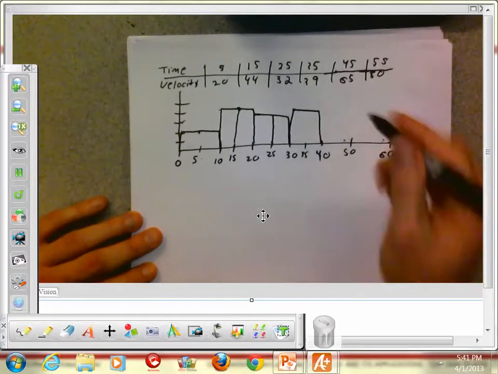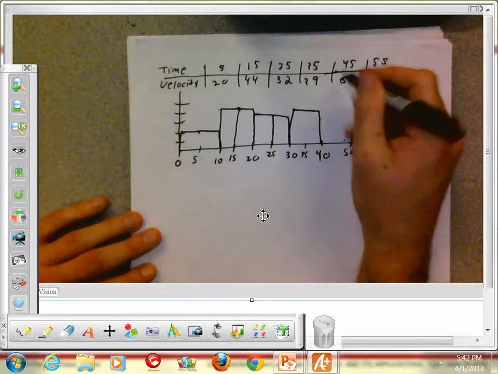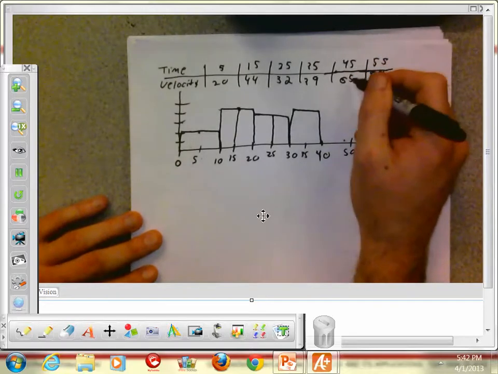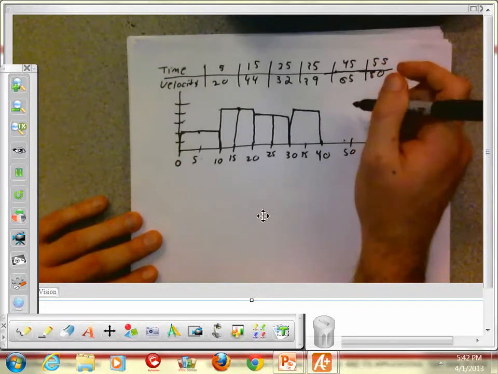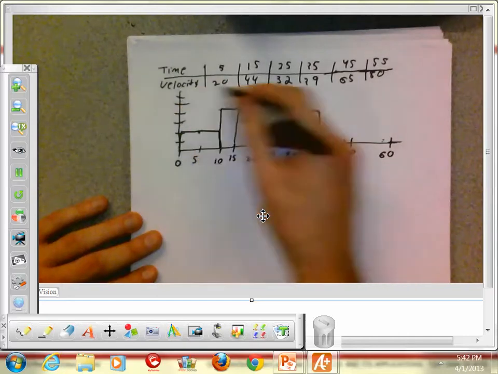And for the next point, which is 45, this is going to have height 65. So this is going to be about right here.